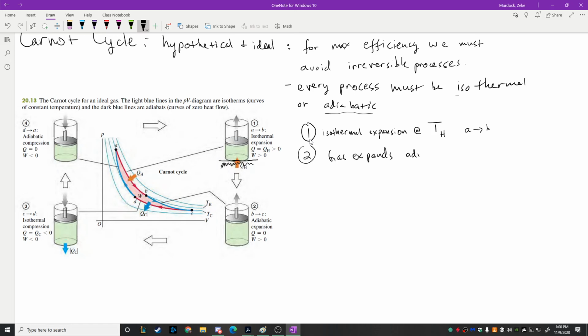So already here, adiabatic should throw off alarm bells in your head that this is impossible, but that's okay. So we have a new temperature down here, TC. We're on this isotherm now. You'll notice that the sliver inside of here, where the work is done, is really tiny.